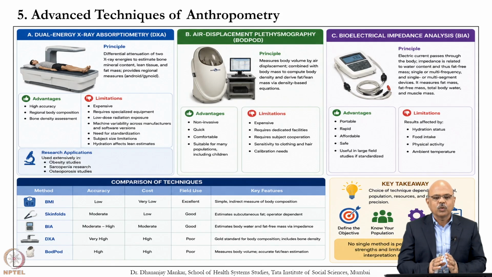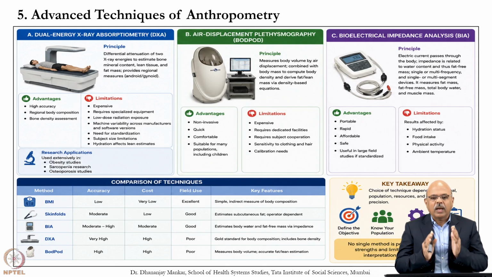For field use, BMI is excellent and the others, skin fold, BIA, DXA and BOD POD, are good to poor. The key feature of BMI is that it is a simple indirect measure of body composition. Skin fold gives you an estimation of subcutaneous fat and is operator dependent.